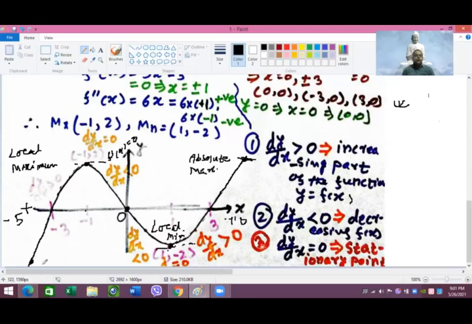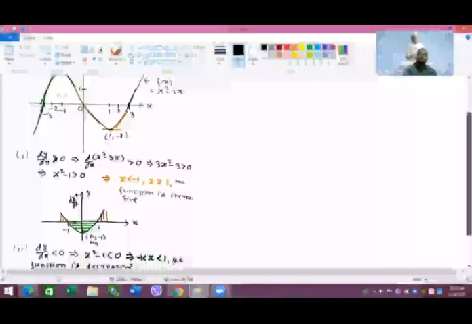And here you can call this the absolute minima. So this is the difference between local extrema and absolute extrema. But when we talk about the maximum and minimum point in general, unless otherwise stated, we understand this is either a local maxima or a local minima.